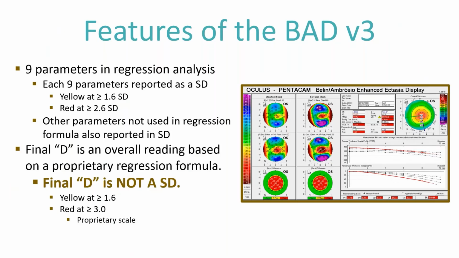Then there's a final D, which represents the overall reading based on a proprietary regression formula. It is important to realize the final D is not a standard deviation. It's a weighted reading of 9 parameters that is not a standard deviation. It turns yellow at that same 1.6, but turns red at 3.0 or greater. And that's a proprietary algorithmic scale.